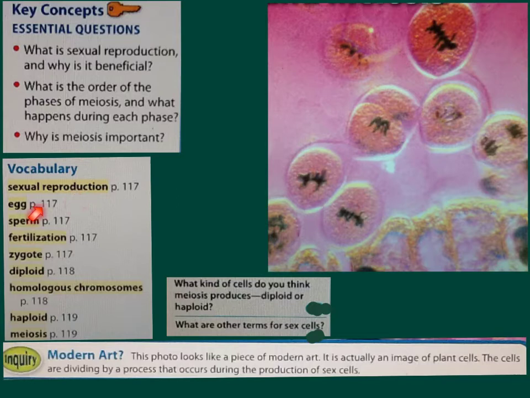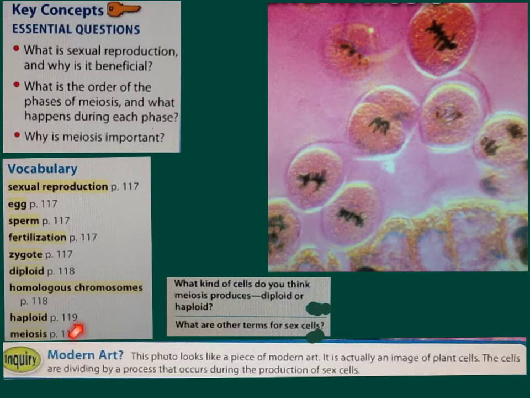The next one is egg. The next one is sperm. Fertilization. Zygote. Diploid, haploid, homologous chromosomes, and meiosis. These are all vocabulary words that need to go in your science journal.